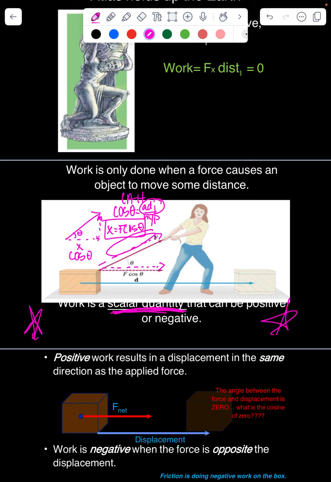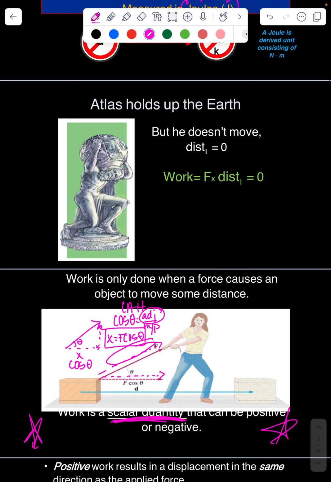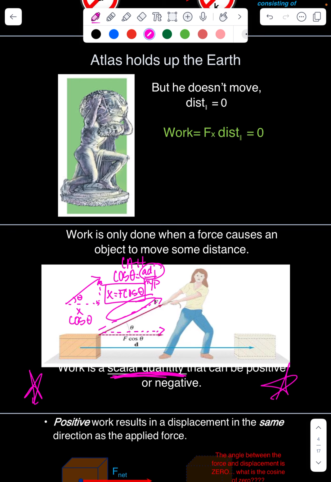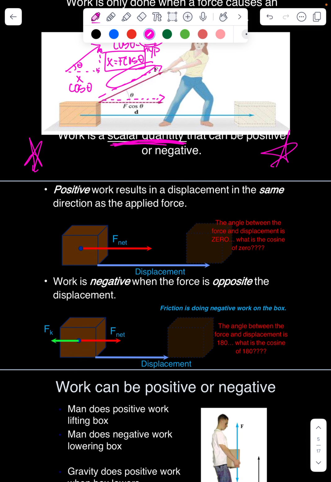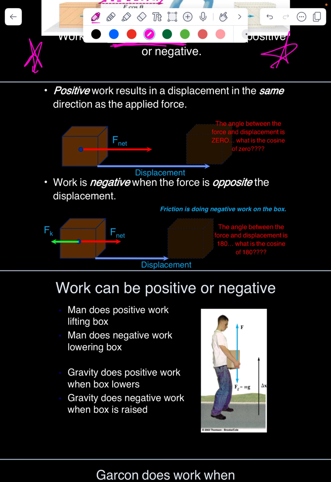But even though it is a scalar quantity, if we look at just the forces that are at work, then we can say that those forces are doing either positive or negative work. The positive and negative is not going to come from the numerical value, but we look at it by looking at the direction of the force and the direction the object is moving. All right, so I want to look at this example right here.